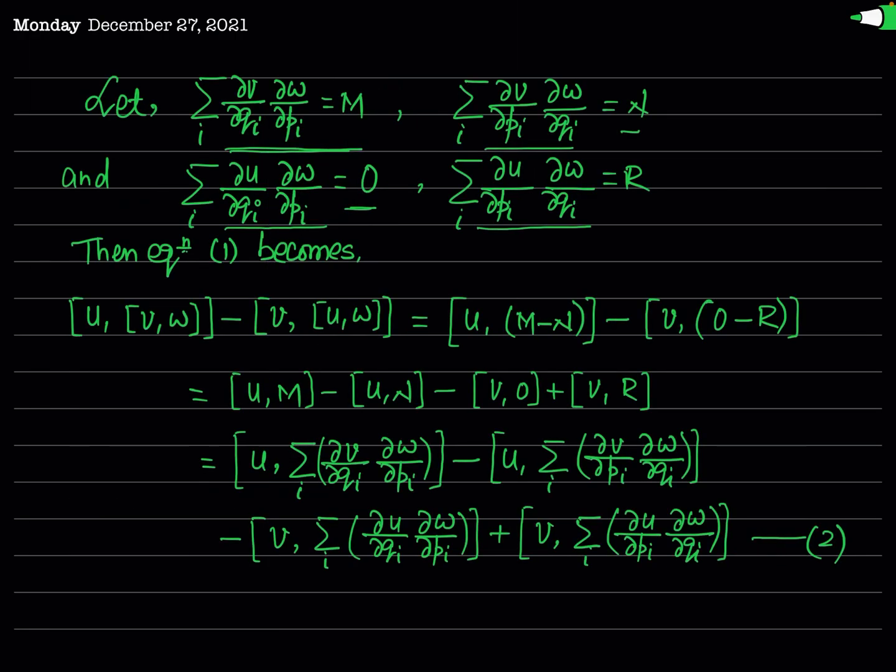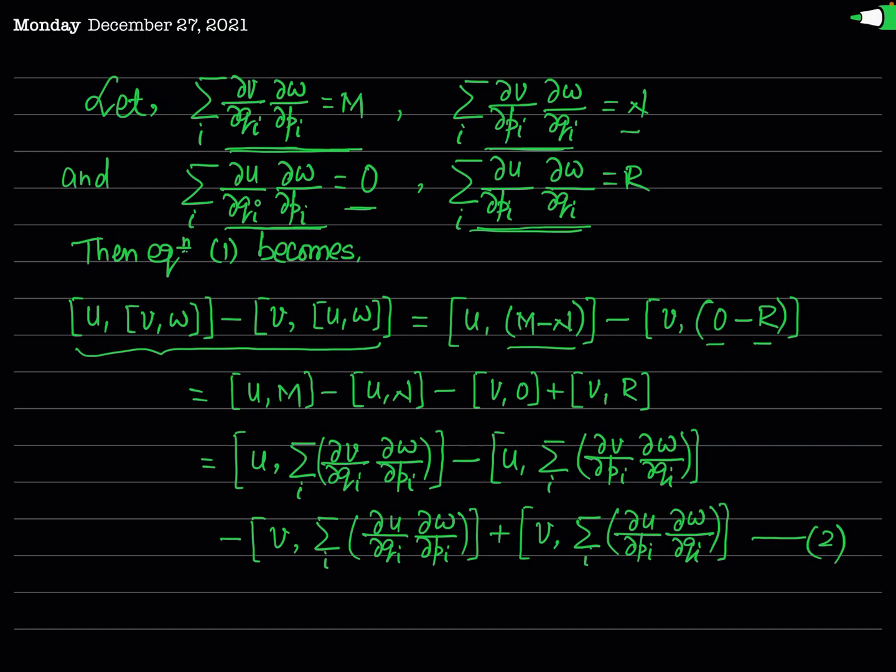The expression for the Poisson bracket of U and Poisson bracket of V and W, minus the Poisson bracket of V with Poisson bracket of U and W, will be equal to the Poisson bracket of U and M minus N. For this expression we have written M, and for this expression N. Similarly, the second term will be the Poisson bracket of V with O minus R. O is for this and R is for this.